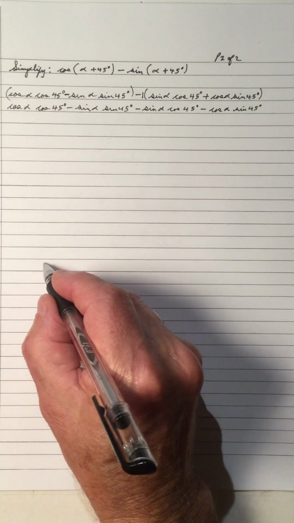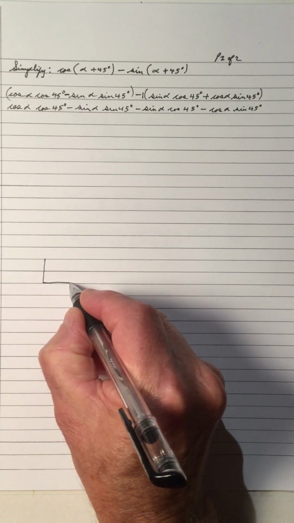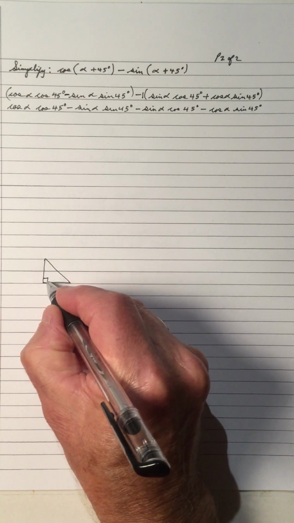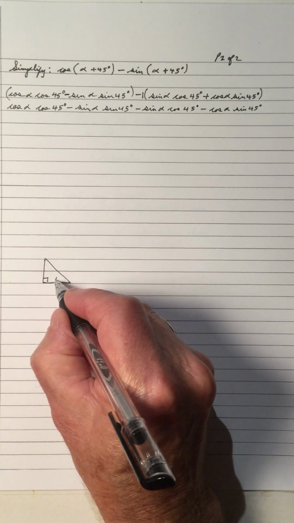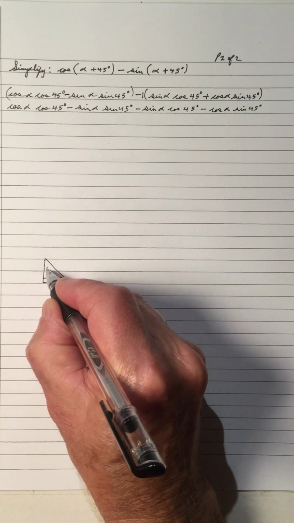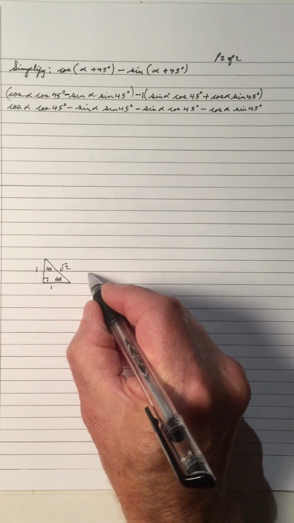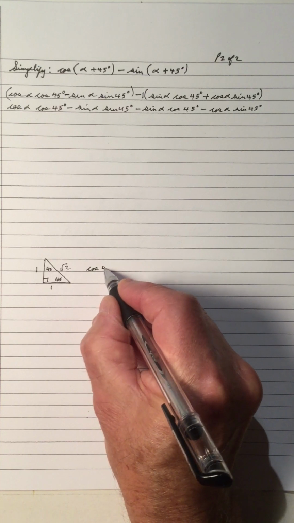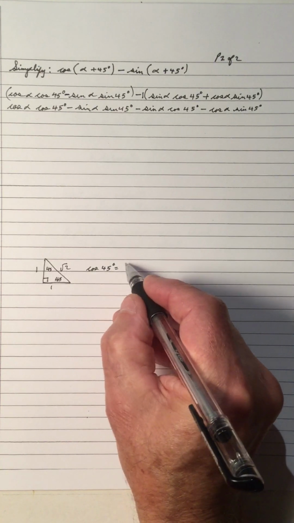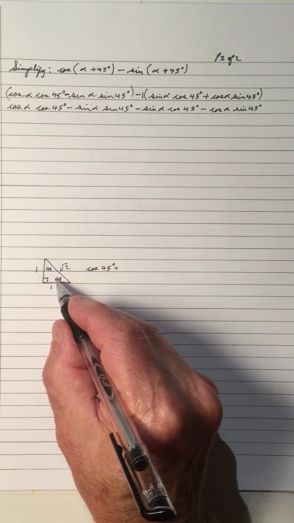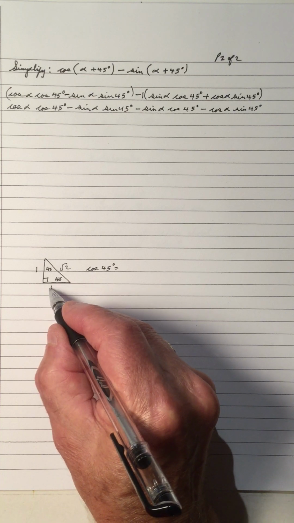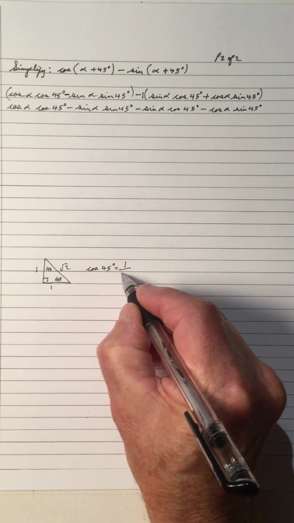Now that we have all that done, let's simplify the cos and the sine of 45. In a right triangle with a 45 degree angle, the sides are 1, 1, and root 2. The cos of 45 is adjacent over hypotenuse, which is 1 over root 2.